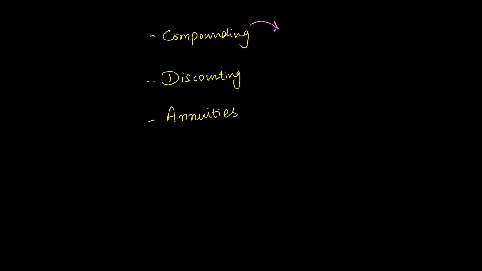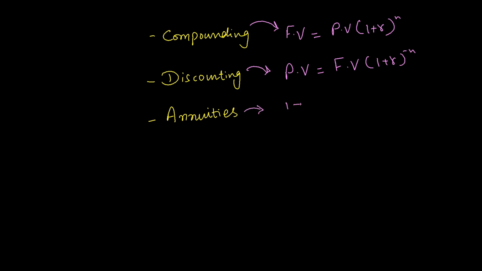Here we want to predict the future value, so we have this formula to calculate that. Here we want to predict the present value, so we can do it using this formula. And here in the case of annuity, we can use this formula.